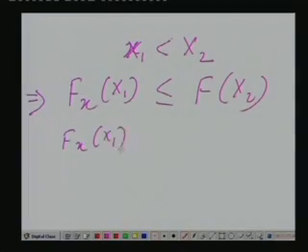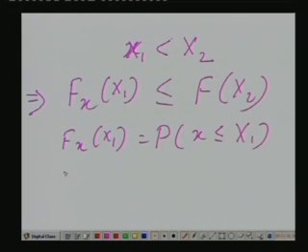After all, what is this F_X of x1? This is nothing but P of X less than or equal to x1, and F_X of x2 is P of X less than or equal to x2.